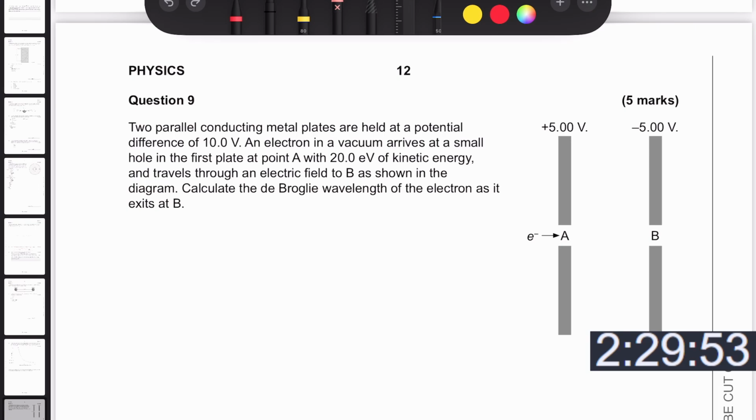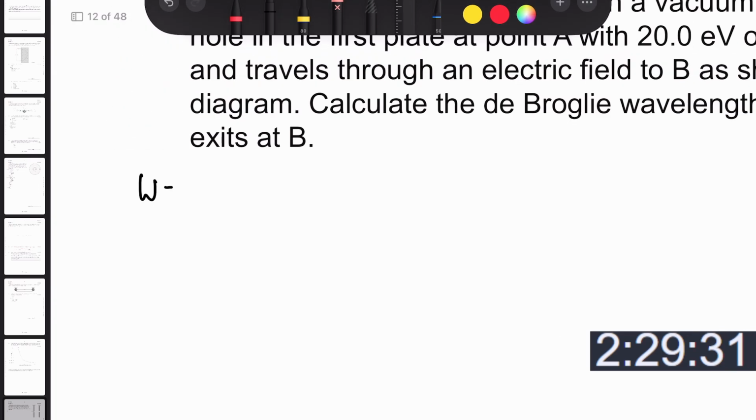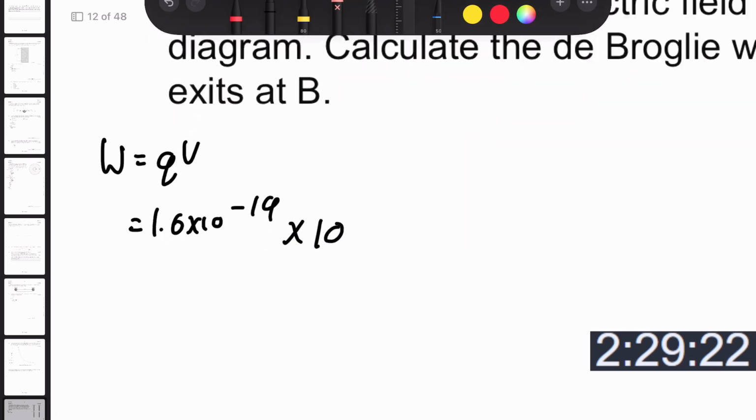So, increase in energy is going to equal V times Q, because that's going to be force times distance. Okay, so let's say W equals QV. So it's going to be 1.6 times 10 to the negative 19 times 10 volts.